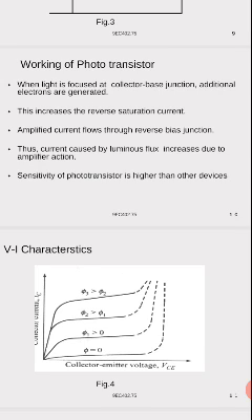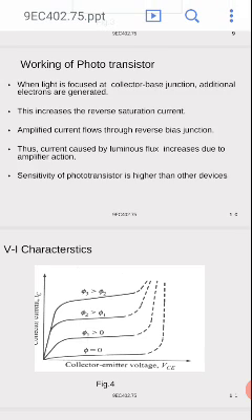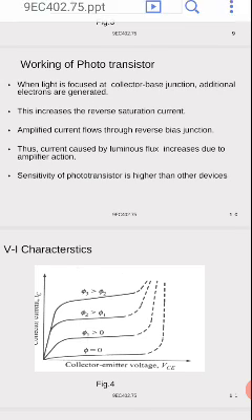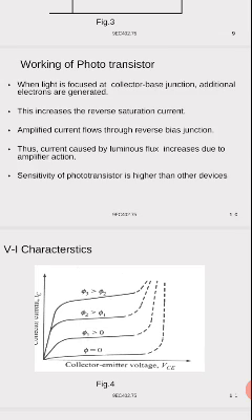Initially, whenever no light on the transistor, if we increase the VCE voltage, keeping light 0 or photo is 0, the collector current is 0, we can say, or small variation occurs in collector current that can be neglected.